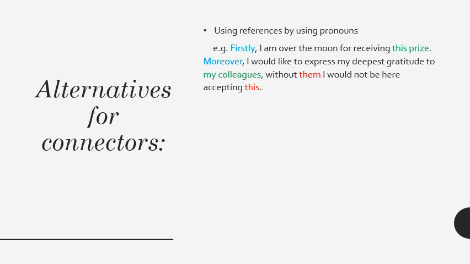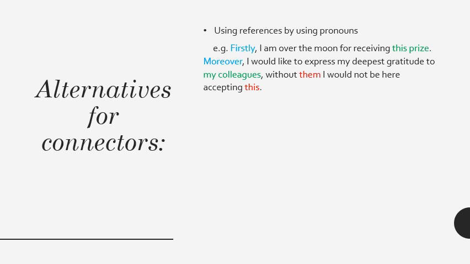Without them. Look at this very word, them. Yes, you are very correct. It is related to the words my colleagues. It refers back to the words my colleagues, and that's what we call references. I'd not be here without them, of course. I'd not be here accepting this.